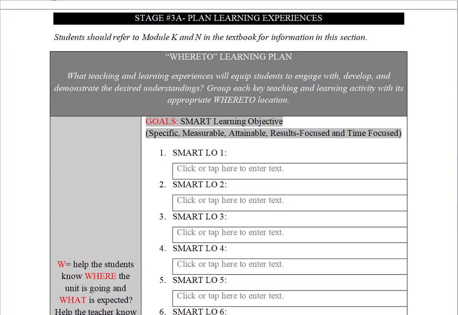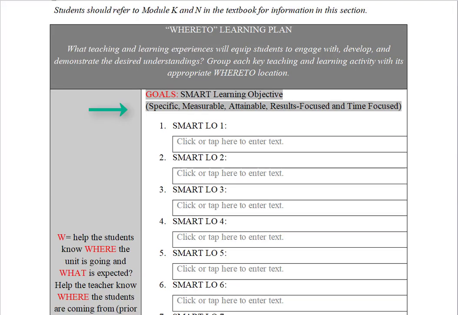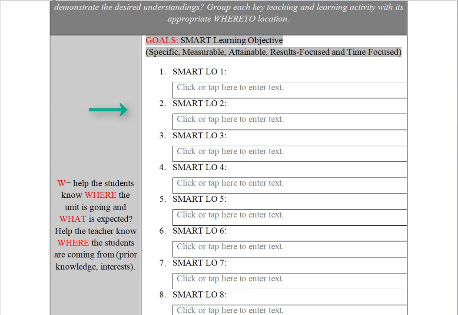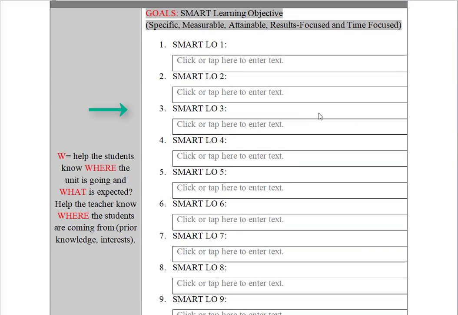So first, we're going to start with the SMART learning objectives: specific, measurable, attainable, results focused, and time focused. These learning objectives are really key to developing the activities because we want the learning objectives and the activities to line up together.